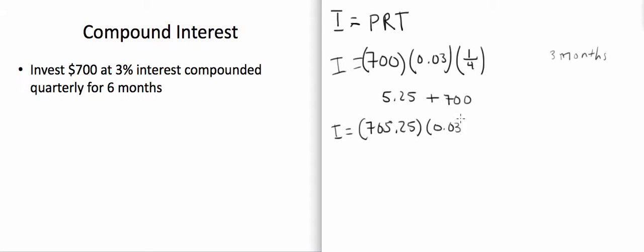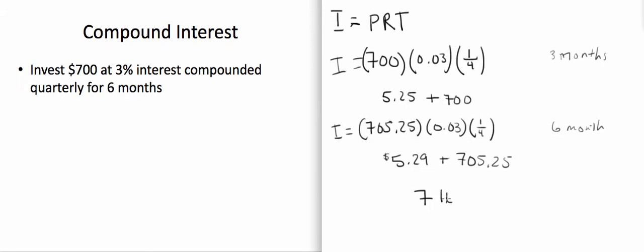It's compounded quarterly again. So now this is our 6-month total. When we do this, we get an answer of $5.29. We add that back into the 705.25, and our final answer is $710.54. So that's how much we will have in our account at the end.